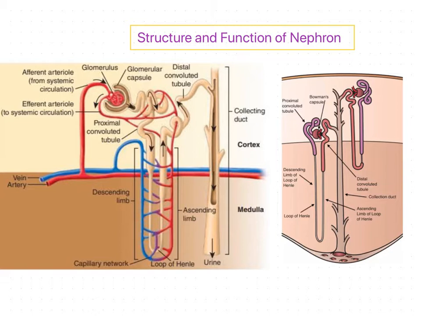The blood carried through the renal artery enters the glomerulus as the afferent arteriole, carrying all important salts, glucose, amino acids, some proteins, and the nitrogenous waste urea, where it is filtered.